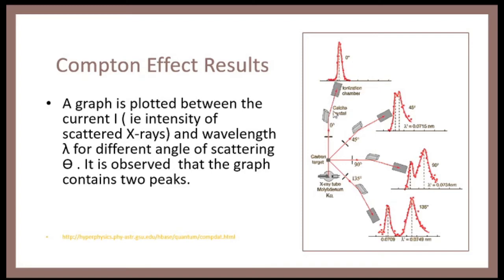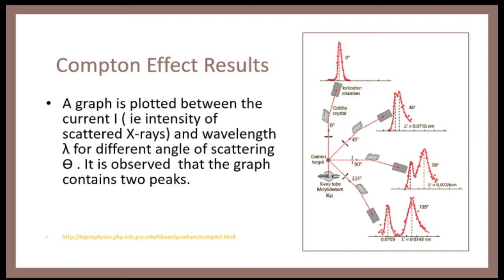By keeping the ionization chamber along a circular scale, we can collect the scattered X-rays along different directions. Here it collects at an angle of 45 degrees, here 90 degrees, and here 135 degrees. In each case, the current shown by the ammeter is noted down, meaning you are noting down the intensity of the scattered X-rays.